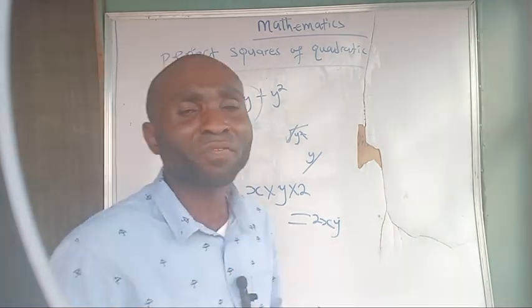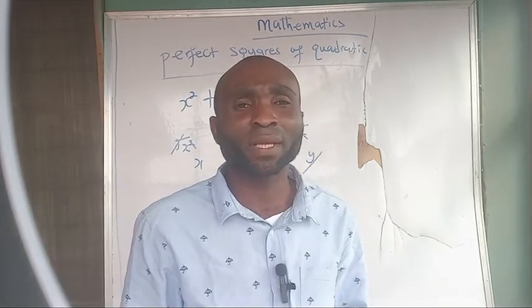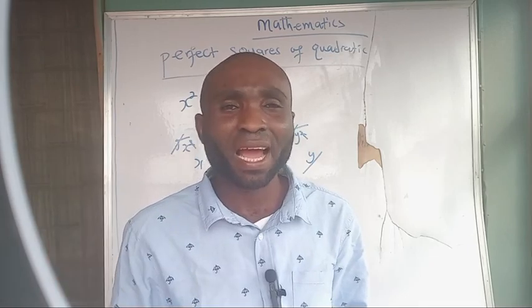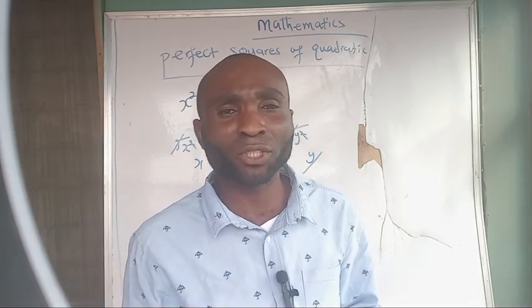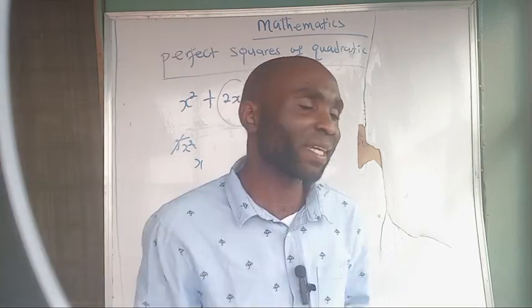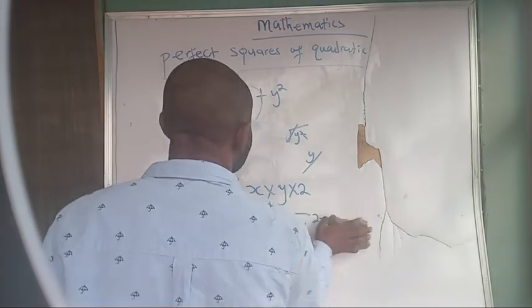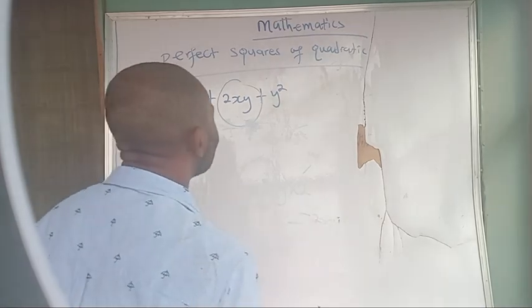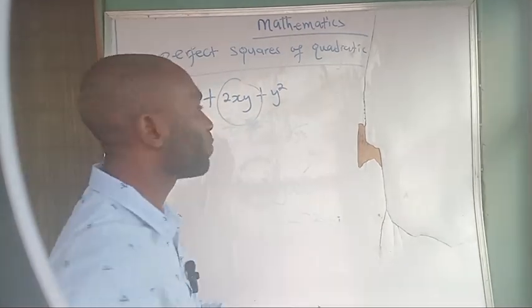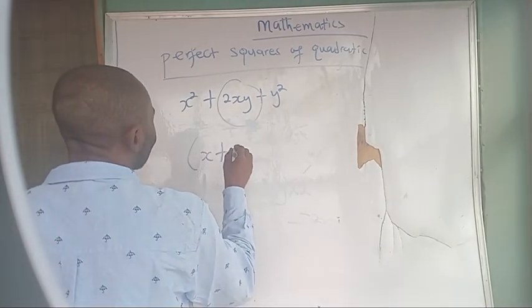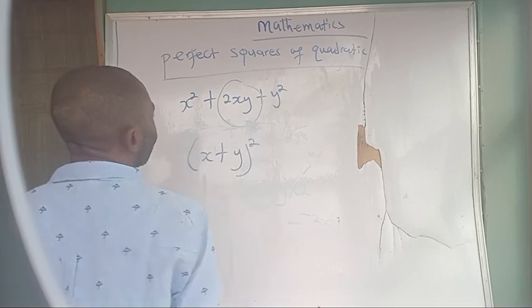So any perfect square equation is in such a way that when you take the square root of the first term and the last term, you multiply it by 2, it should be able to give you the middle term. So since this equation is perfect, we can as well write it in this format, which is bracket open x plus y all squared.